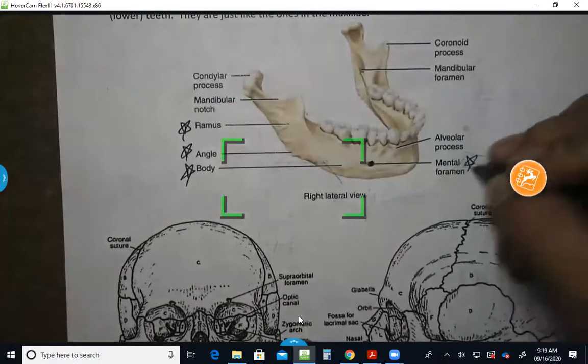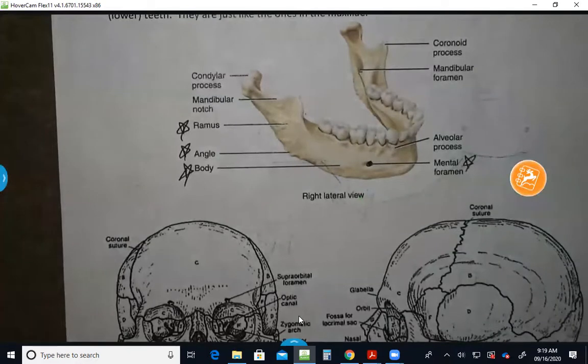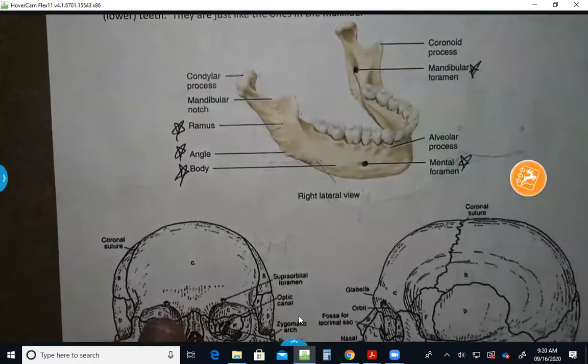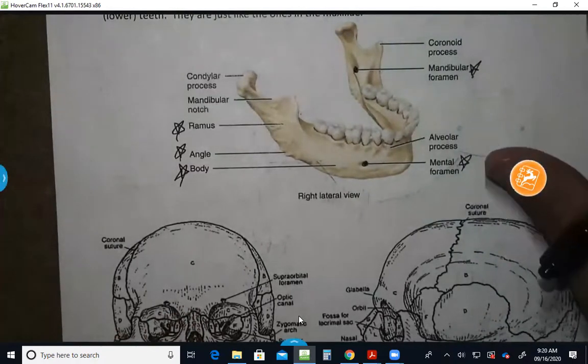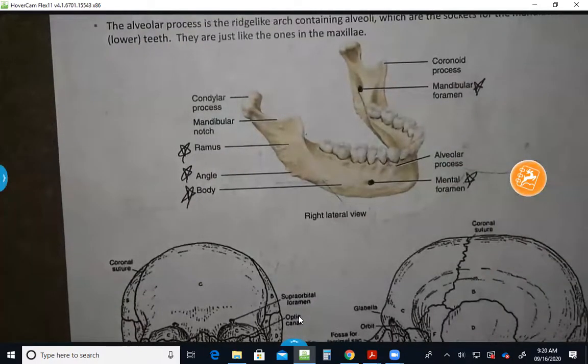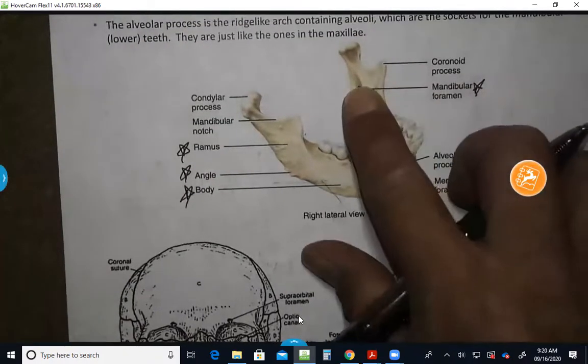This allows for blood vessels, nerves, and other things to travel through. Mental foramen is on the outside. Don't confuse that with the mandibular foramen, which you'd only be able to see if you have the mandible out like this, because it's on the inside.